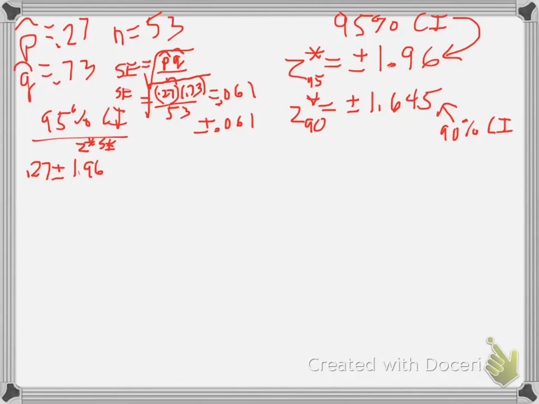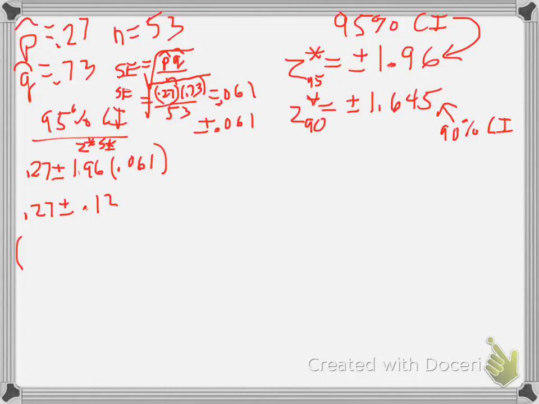Okay, so now I'm going to put that in here. The standard error is 0.061. When I do that, I'm going to get 0.27 plus or minus 0.12 is basically what it is.